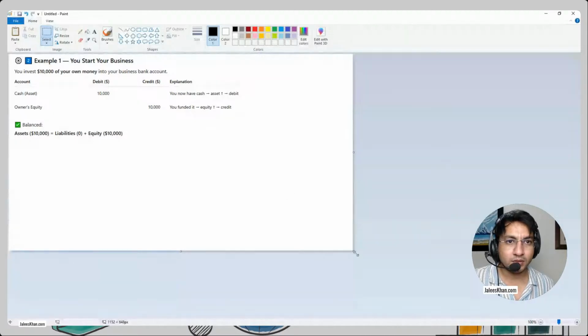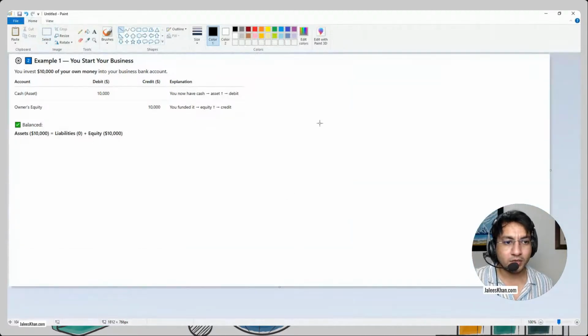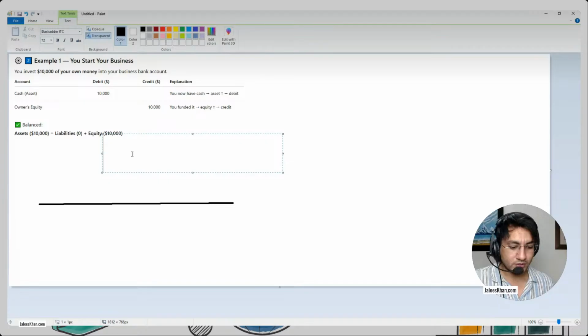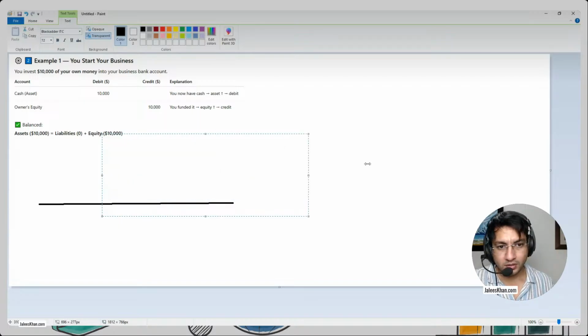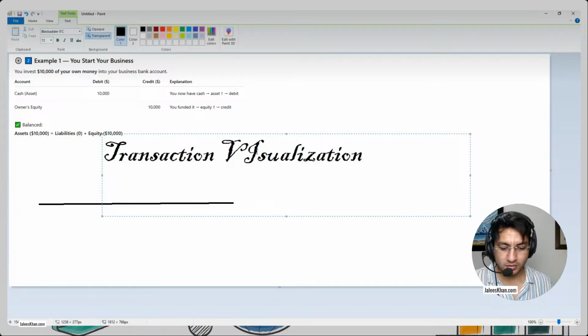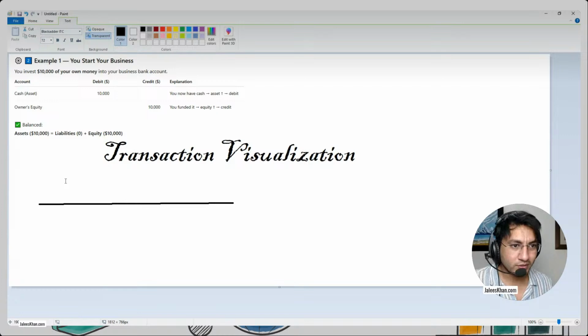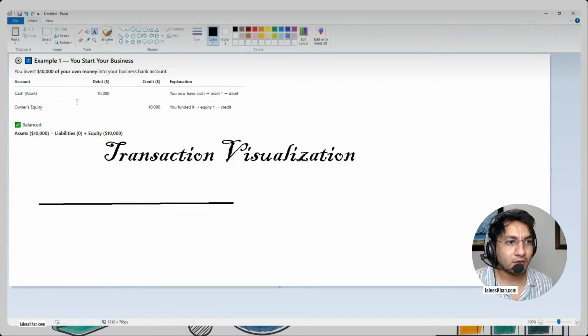that's good. First of all, let's visualize. I can say that it is transaction visualization. Okay, so here we go.